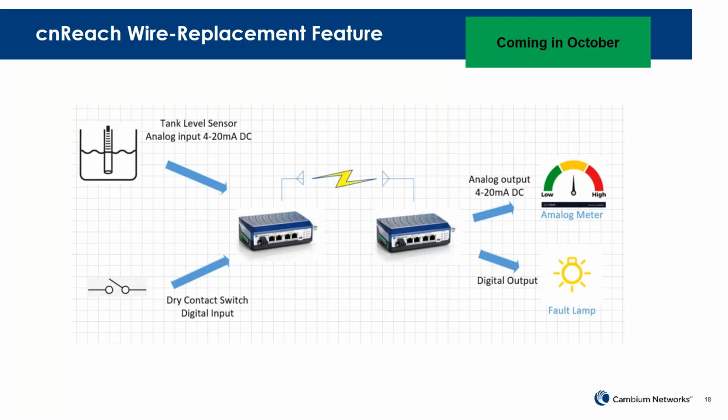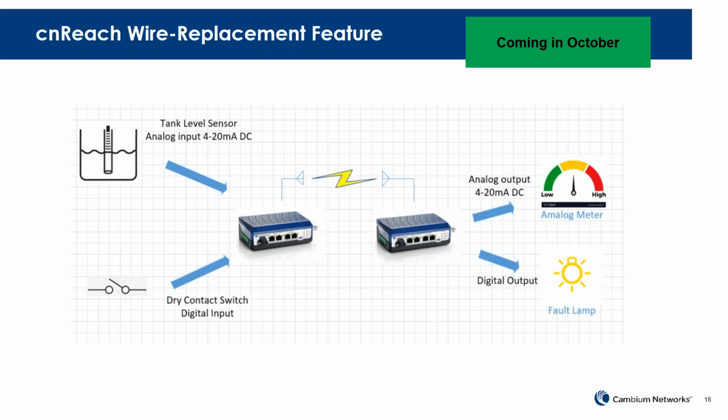As an example, in the top here, if I have a tank level sensor that's varying from 4 to 20 milliamps output current, coming directly into the cnReach analog input, you can tell that cnReach radio, I want to have port X on this other radio follow that analog input and make that analog output at the other end.